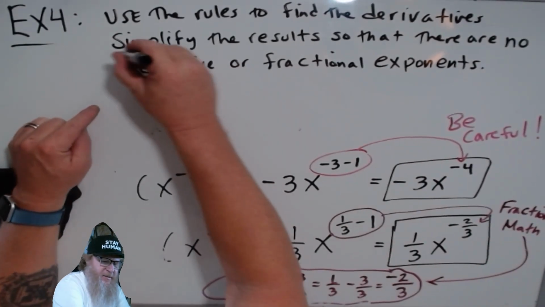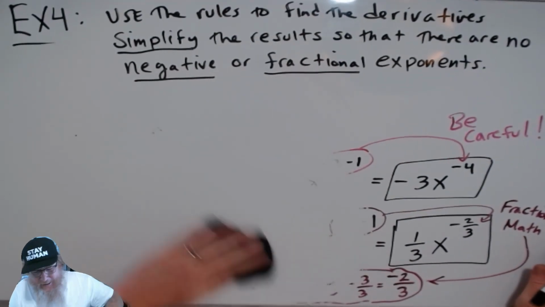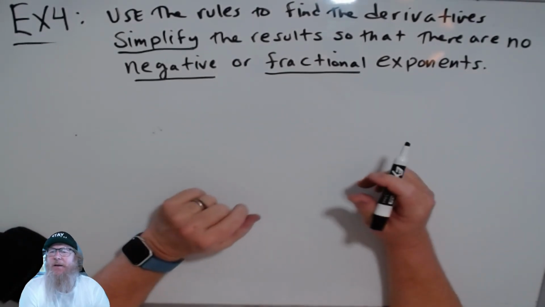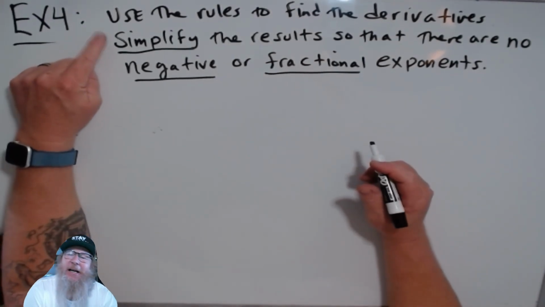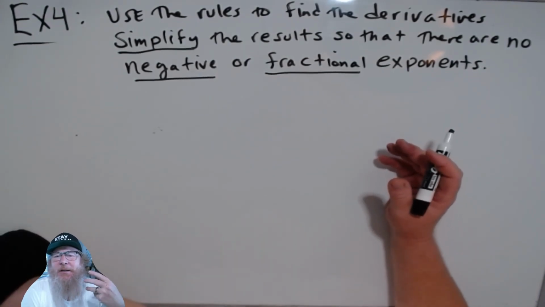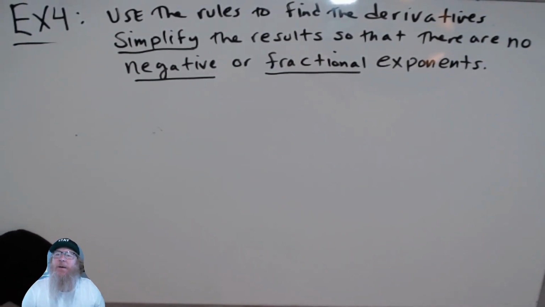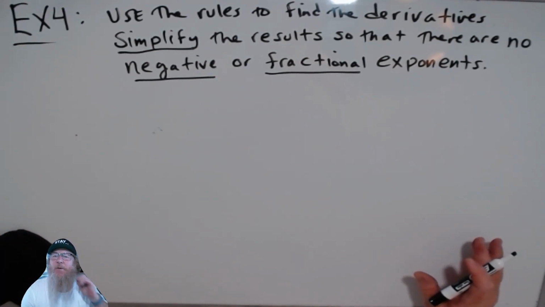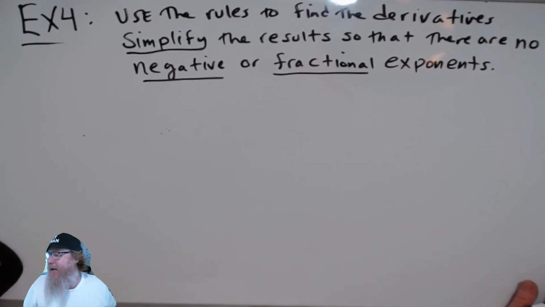So watch for this instruction if I ask for it. I really shouldn't have to say that much, but this is a new topic, these rules. Generally, I would just say simplify. I mean, that's the underlying message behind simplify, which means make it as simple as you possibly can, which means getting rid of fractions and negative exponents.